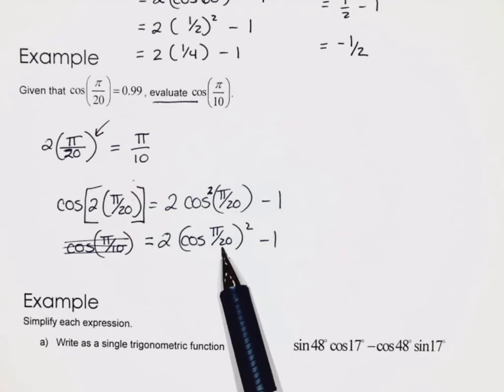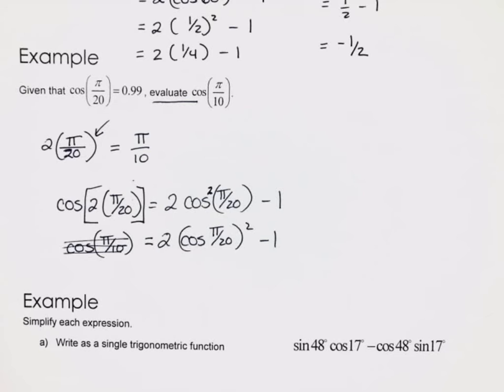But then, do I know that pi over 20 goes in here, not pi over 10? Why isn't it pi over 10? Do we have any information about pi over 10? I got nothing. What do I know? I know cos of pi over 20 has a value of 0.99.